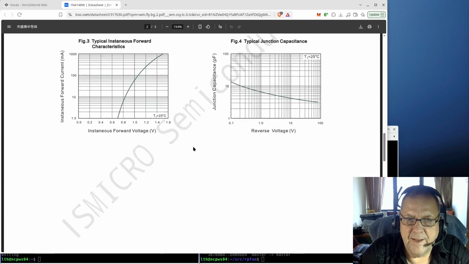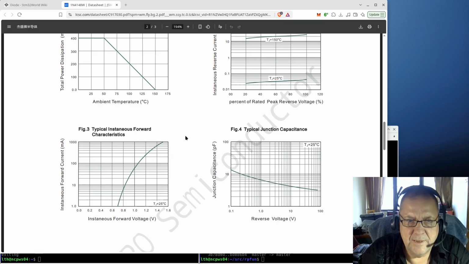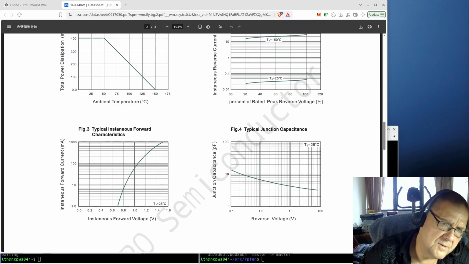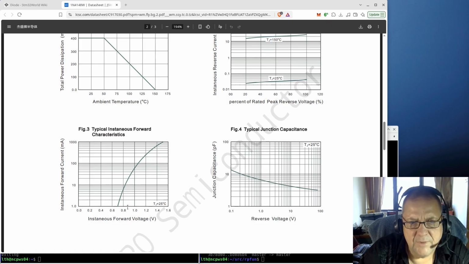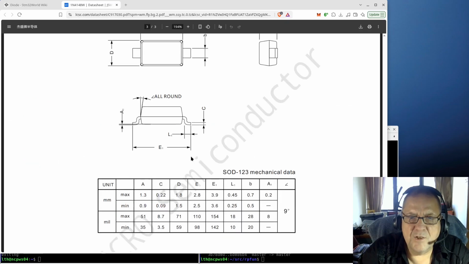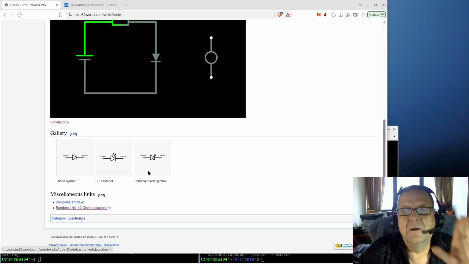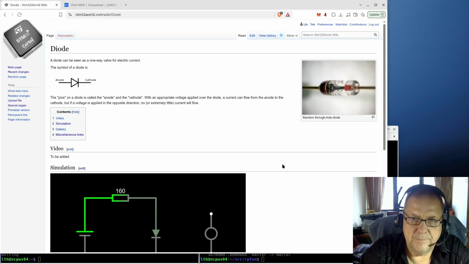You will typically have these curves down here where you can see the forward voltage versus the forward current. So as the voltage goes up, the current goes up. It's worth having a look at a few of these data sheets, and I have of course linked this particular one on the Wikipedia article.